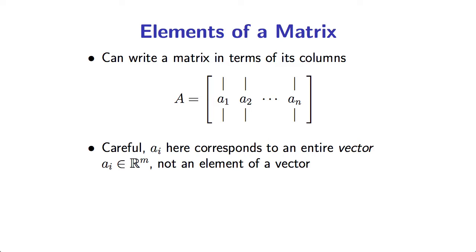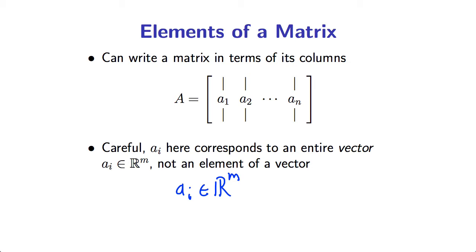Now it's often useful to write out the individual elements of a matrix in terms of its rows or in terms of its columns. So here we're writing out A in terms of its columns, not in terms of all its elements, but just the columns here, right? So A1 here denotes the first column of A. Now it's important to note that Ai here corresponds itself to an entire vector. Ai itself is a vector in Rm.